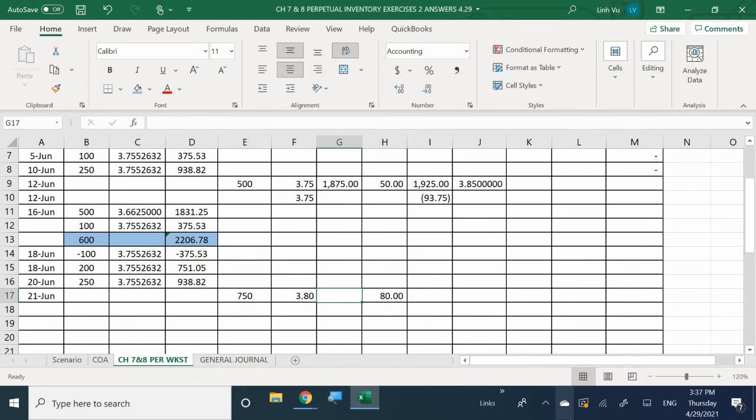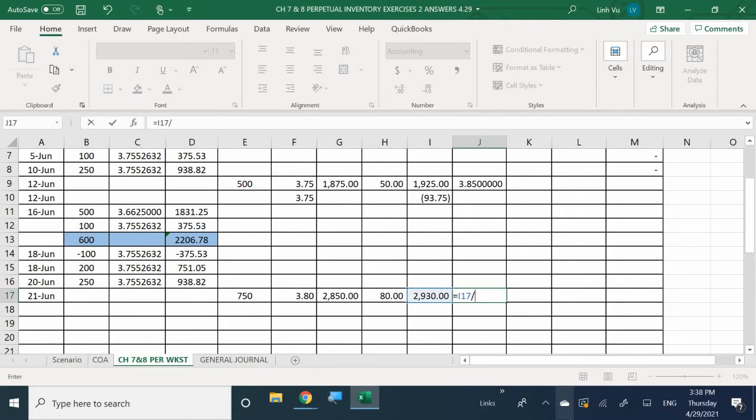So therefore, what is going to be my total purchase price? $2,850. Good. Plus $80. $2,930. Therefore, what is going to be my cost per item? 3.90666666. Good.